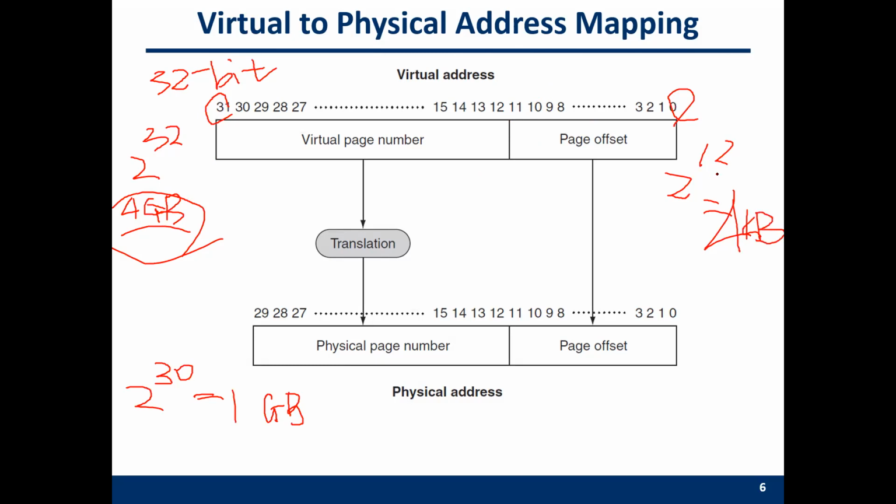Why 4 kilobytes? The 2 indicates you have a 4 here, and 10 means you have a K, so it's 4K. This is the case on the virtual memory. For the physical memory, you have the same case, which is also 4 KB. So the page offsets are the same.